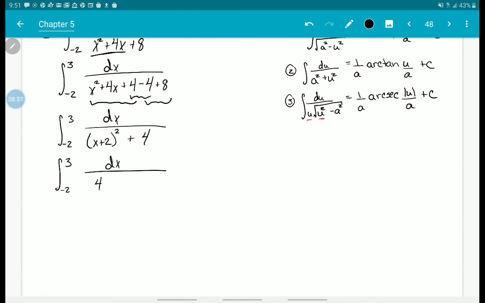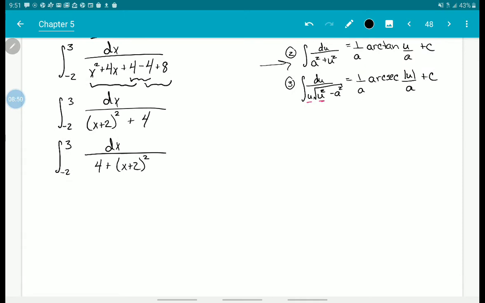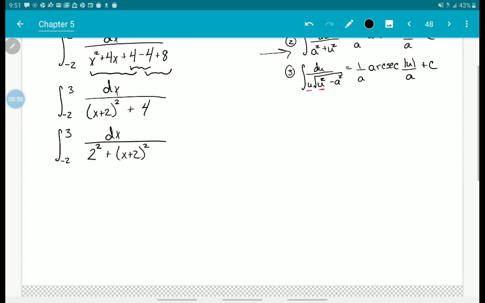So this is going to be 4 plus x plus 2 squared. And now we're in that form for number 2. And in fact, we can rewrite 4 as 2 squared to make that easy to identify.